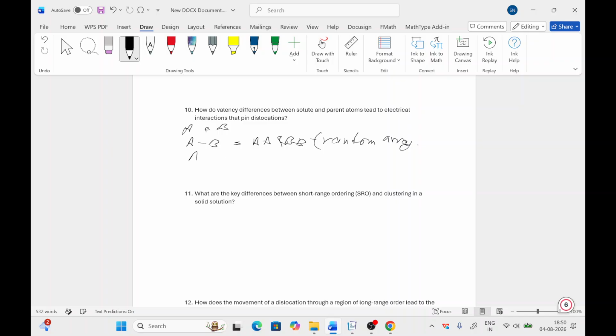But if the AB interaction is greater than AA or BB, this will lead to short range order. And if AB interaction is less than AA and BB bonding, then this will create clustering.